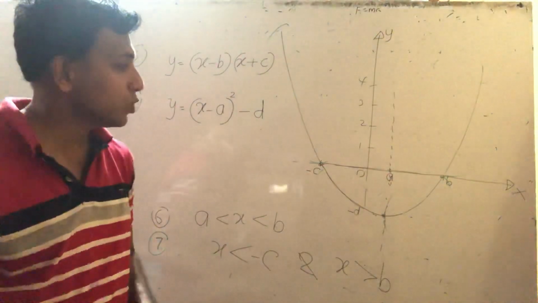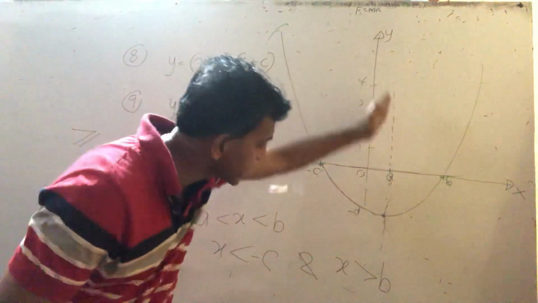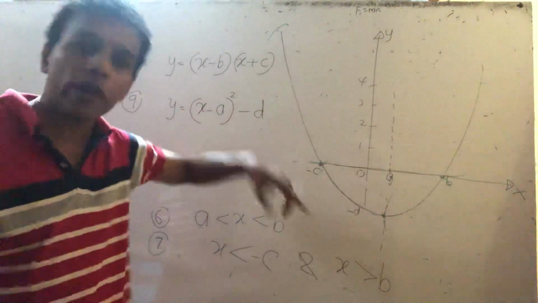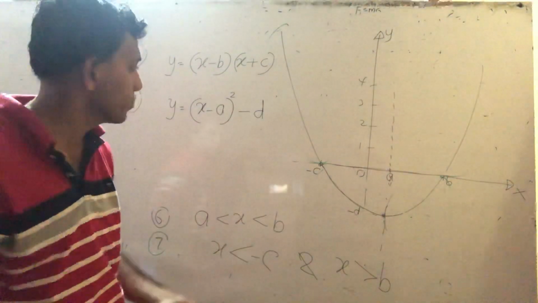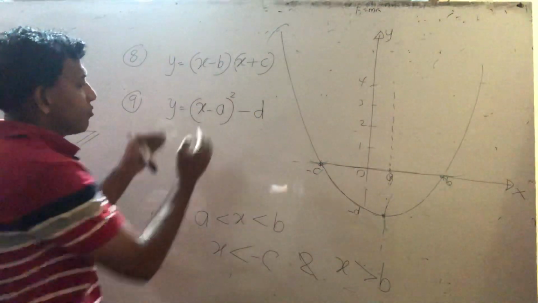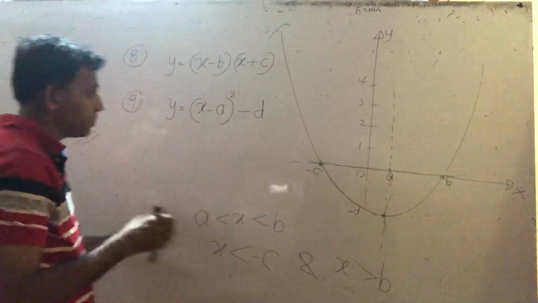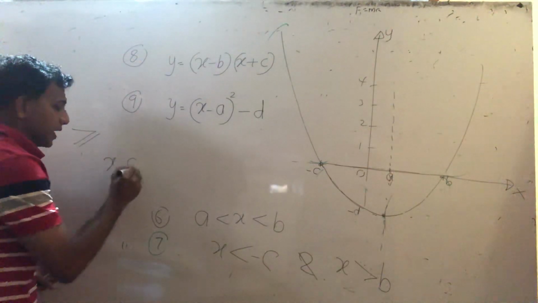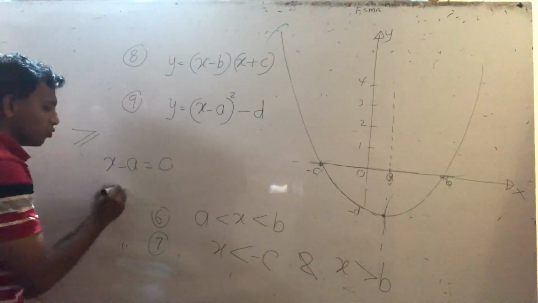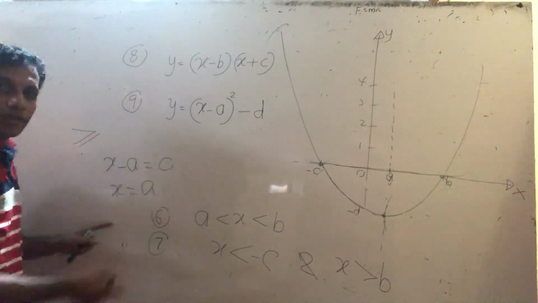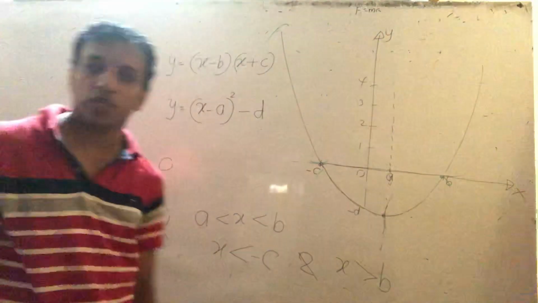In this pattern you can see the symmetric axis and the minimum value, or in a maximum graph the maximum value. If you make this bracket 0, x minus a equals 0, so x equals a. That is the symmetric equation.